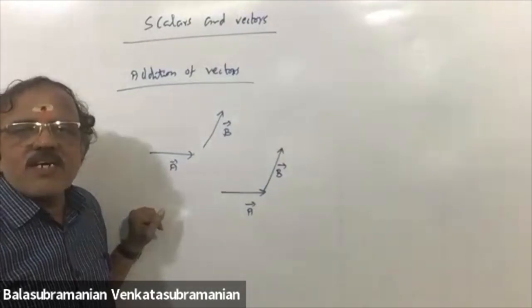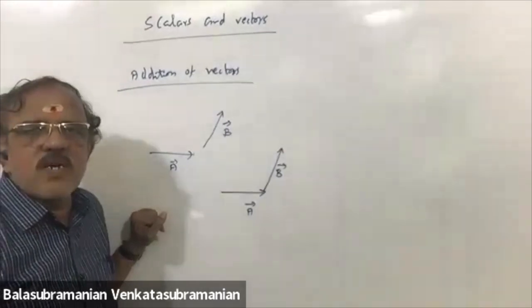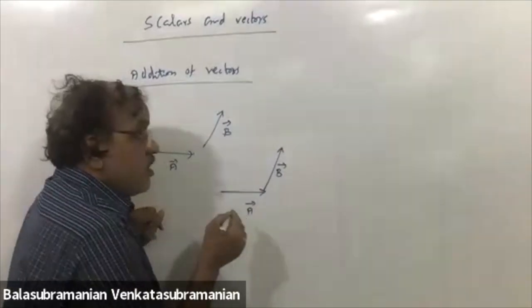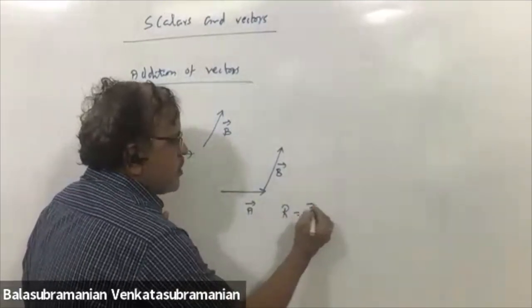Head of the first vector and tail of the second vector should coincide. Then you can call this addition. What is the resultant there? R is equal to A plus B.